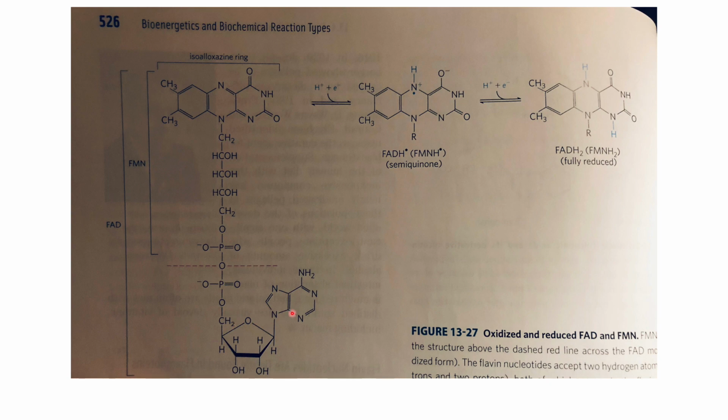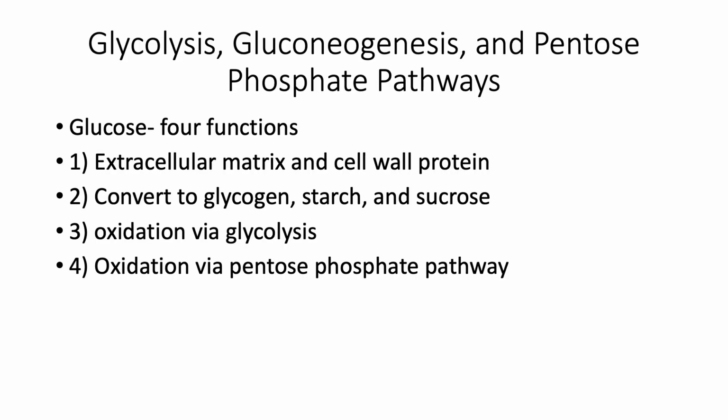FAD is the entire one. There's the adenine, ribose, the flavin component right here, and the upper part of this, with this being the R group. This is where the reduction occurs at this point. First one and then two protons, and this will generate two ATPs. And that will be it for this talk.